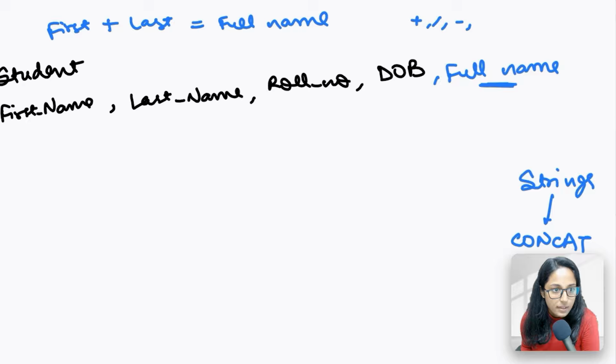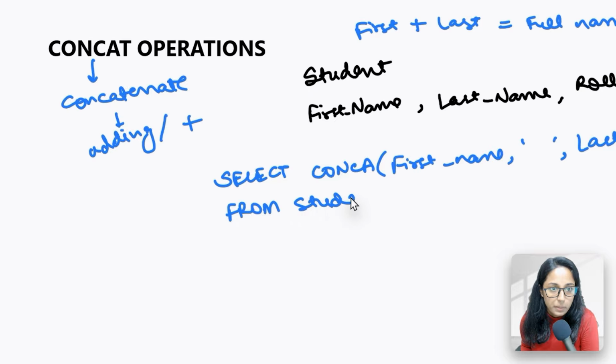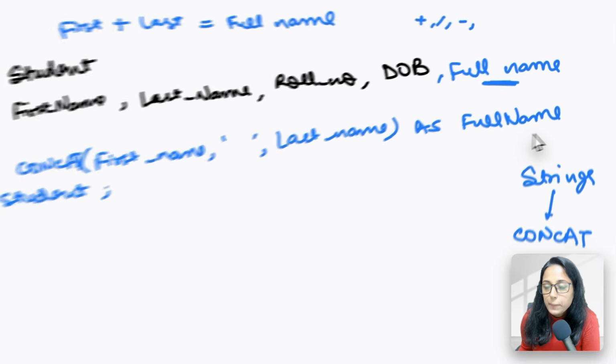I will say select concat, and then I will use my first name, a comma, a space, then a comma will add these up, and my last name, and I will make it as full name from my student table. So if I do this, I will be able to get my full name.